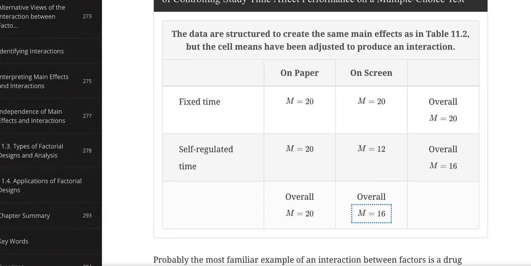So, yes, there can be a difference between studying on paper and studying on screen, but it depends on whether it is a fixed time or a self-regulated time, right? Because when it was self-regulated, there was a difference. But when it was a fixed time, it didn't matter if they studied on paper or on screen. They scored the same.